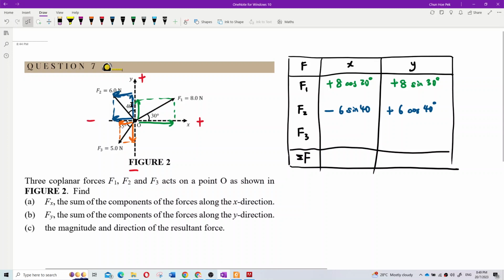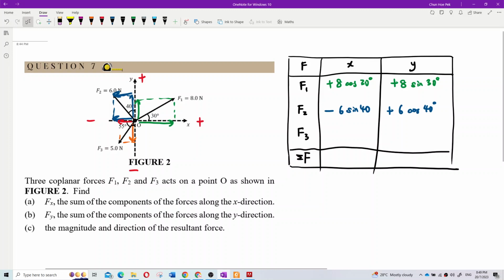Okay. How about F3? For F3, you cannot see the angle. It is 55 degrees. The x component is adjacent to the angle, so the x component is cos 55.